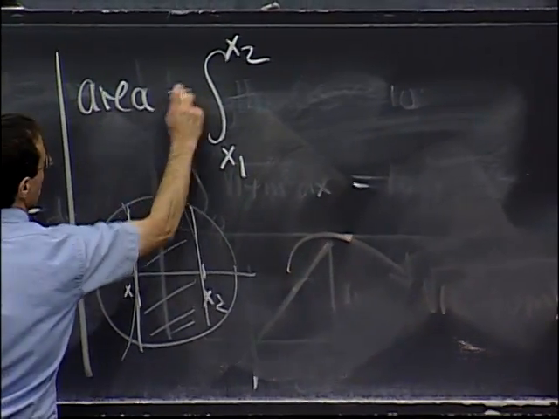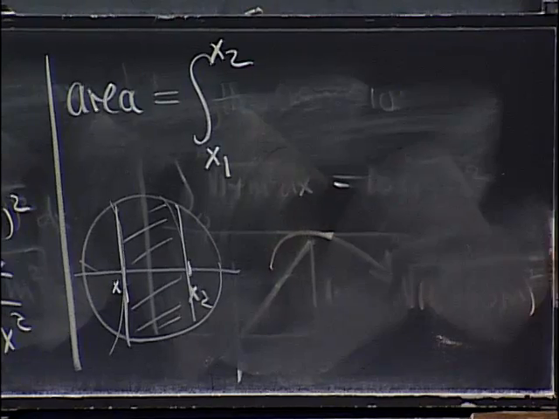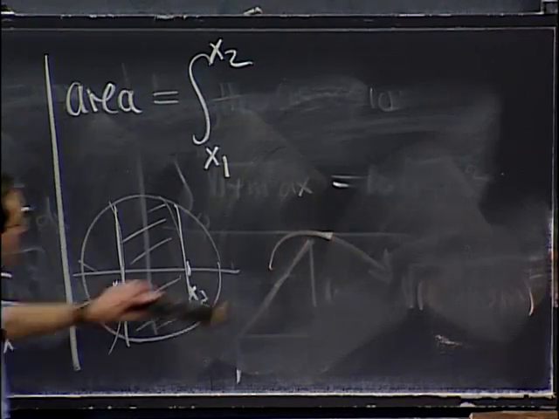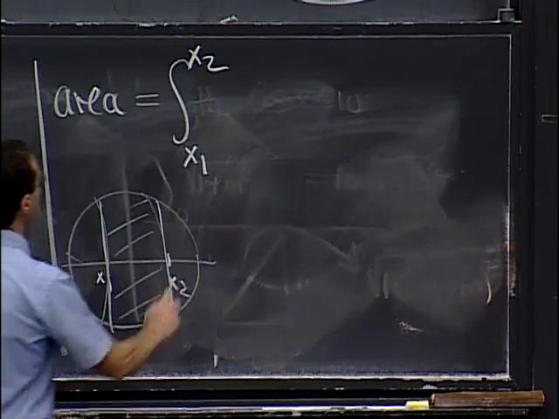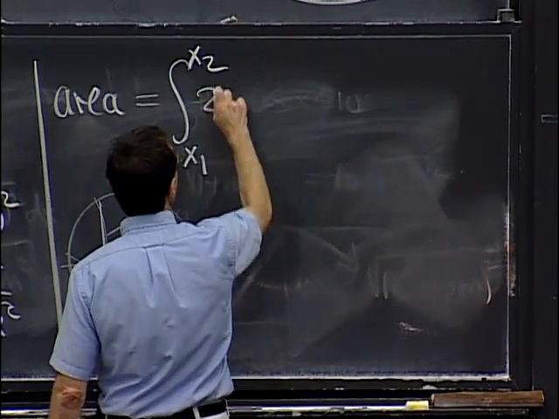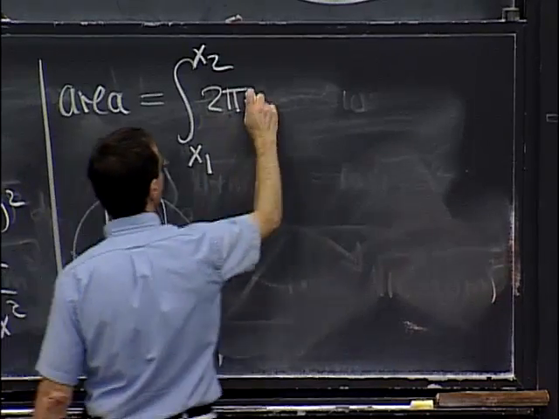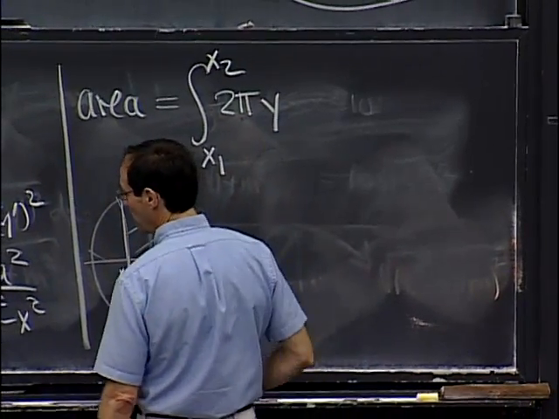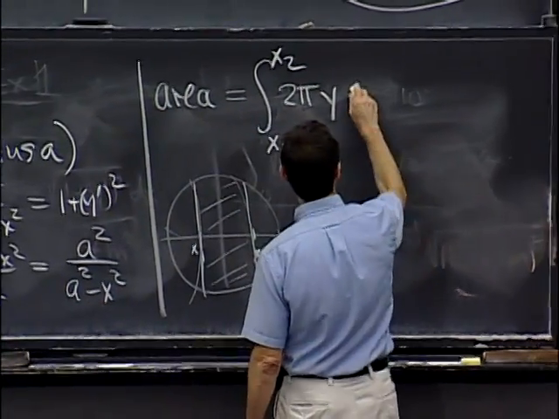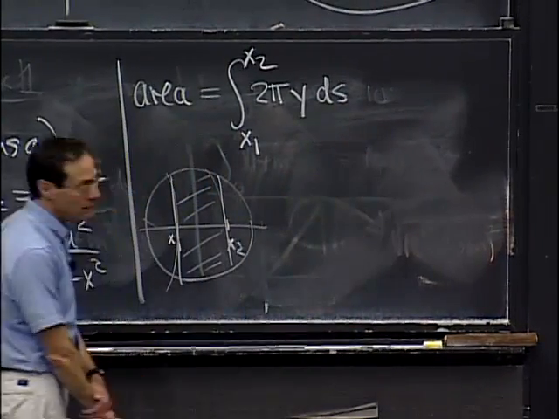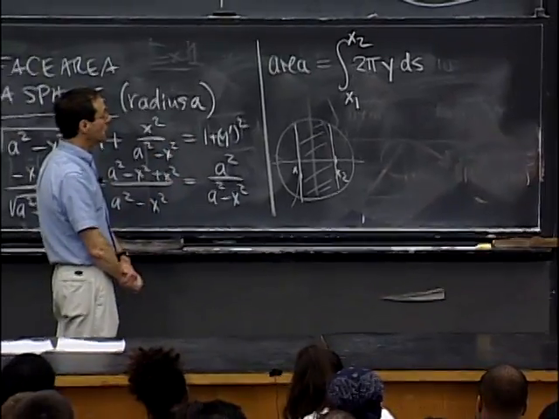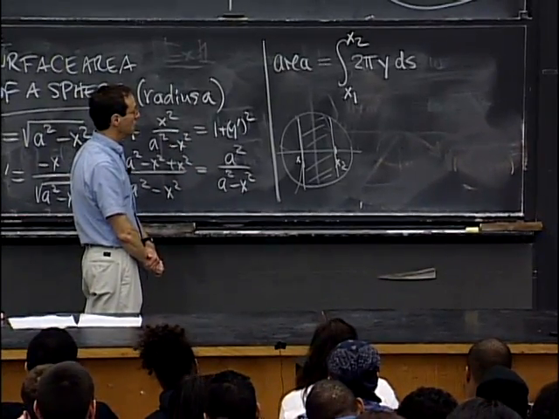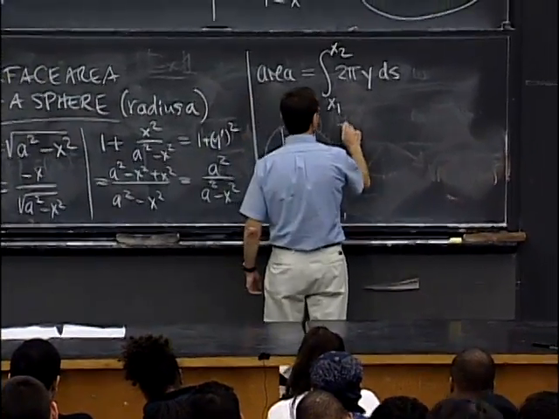So the area is going to equal this. And what is it going to be? Well, I have here 2 pi times y. I'll write it out, just leave it as y for now. And then I have ds. That's always what the formula is when you're revolving around the x-axis. And then I'll plug in for those things.